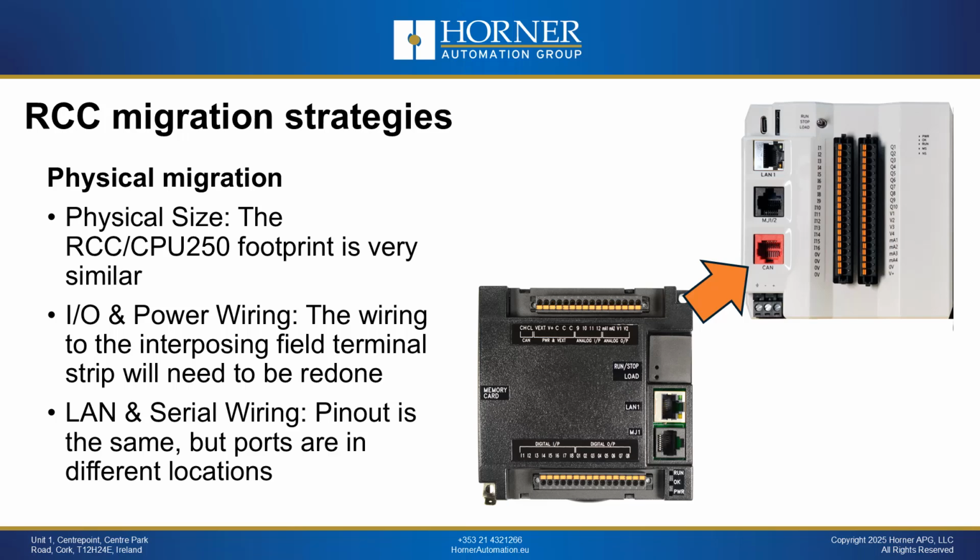If your communications cables, your Ethernet patch cables or your serial port cables are of sufficient length where you can move them from where they were with the RCC to where they are with the CPU, then no changes have to be made there as well. So that is some of the physical changes.